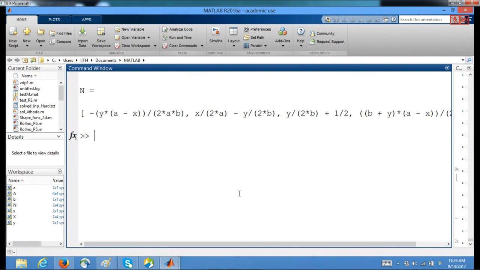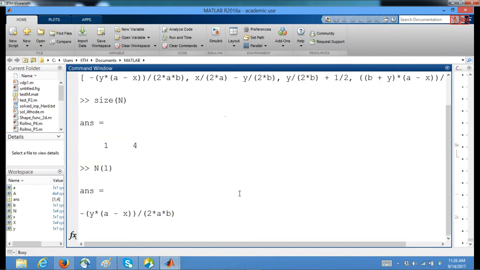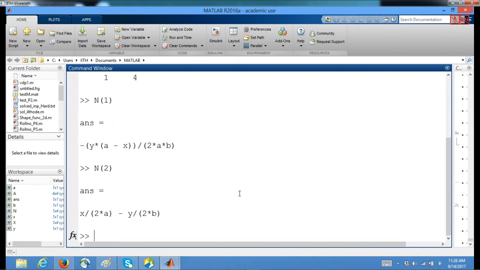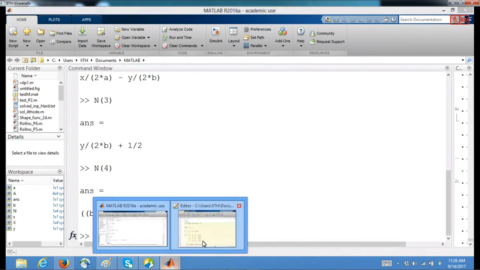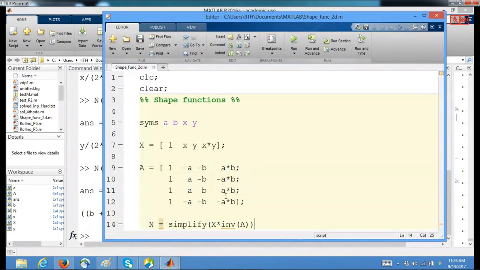So size of N, N comma 1 is this, N comma 2 is the other one, N comma 3. Anyway, let us check my program once if I have made any problem.